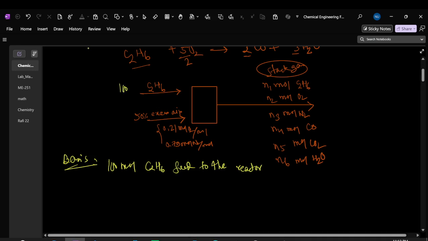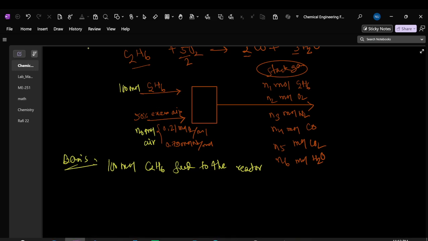So this will be 100, and we assume n naught mole air. So first of all, here there are two reactions. We can solve it by different methods, like the atomic balance method, molecular balance method, or extent of reaction method.